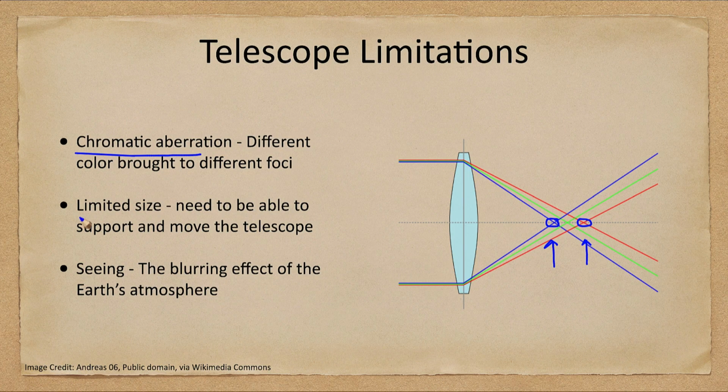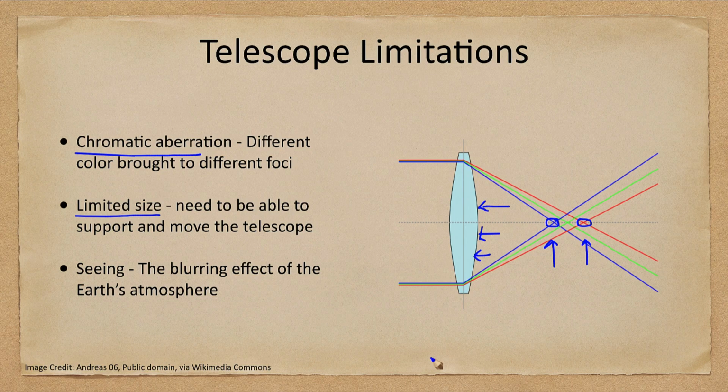There also are some limitations on the size. How big can you make a lens or a mirror? Well, a lens you have to hold by the edges. You cannot support it from behind because that would block the light from coming through. So I can't put a big support right behind it here and here. That would block light from coming through this lens and would make it impossible to observe with it.